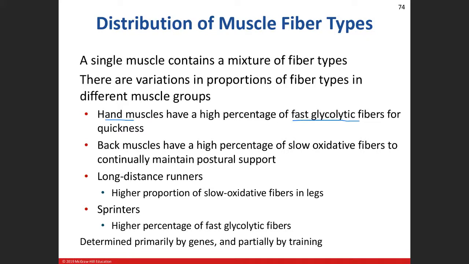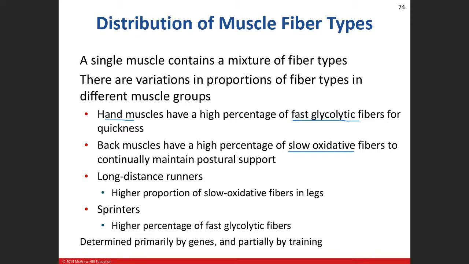But, like I said before, our postural muscles, like in our back, are going to be made up of the slow oxidative fibers because they're more for endurance. They need to be able to resist fatiguing, so they need to be fatigue resistant. But they also need to have a significant supply of ATP. So they need to be oxidative fibers, plenty of mitochondria, plenty of myoglobin, so we can produce lots of ATP so we can do our standing up.